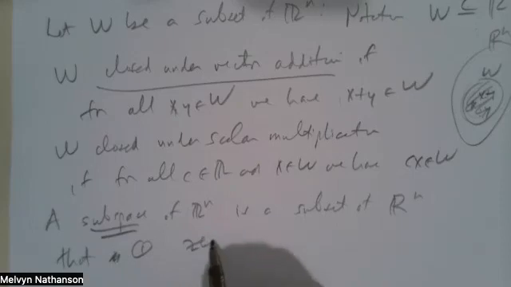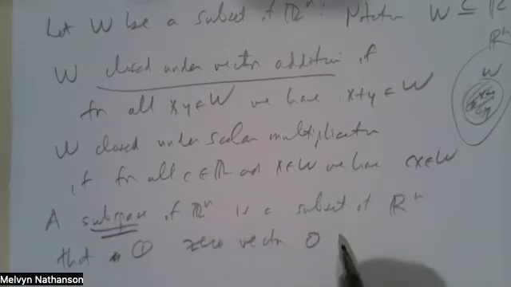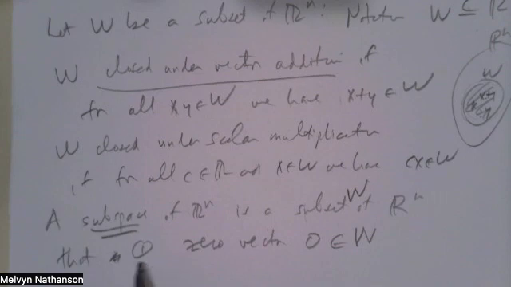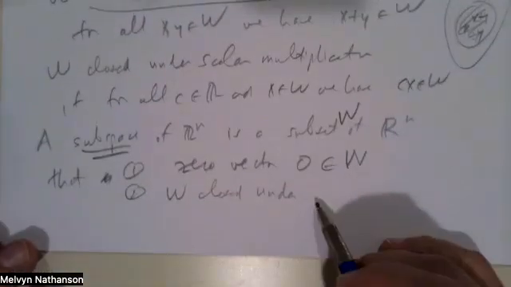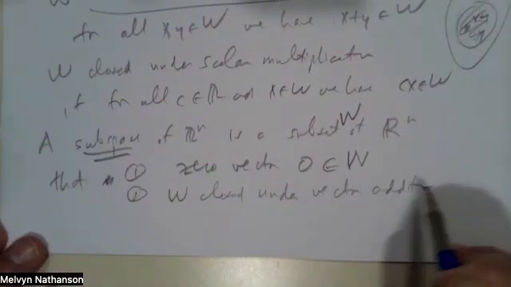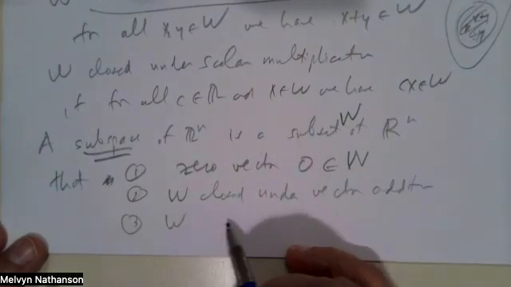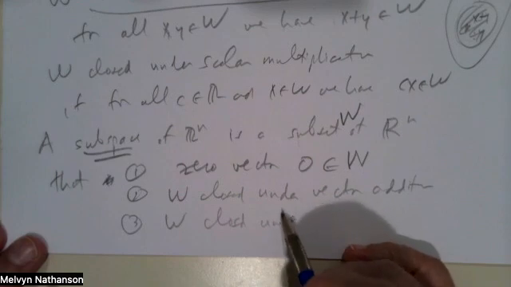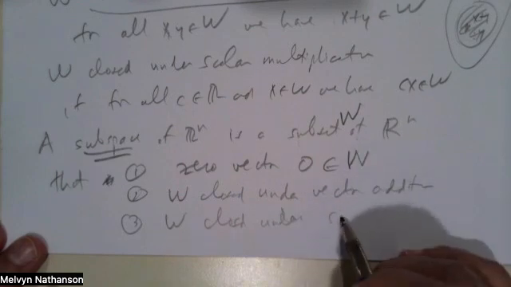First, the zero vector: a subspace is a subset W where 0 is in W. W is closed under vector addition. And W is also closed under scalar multiplication.